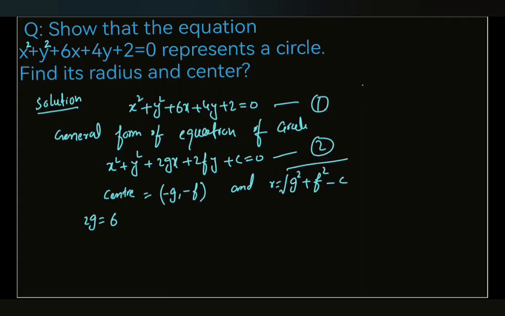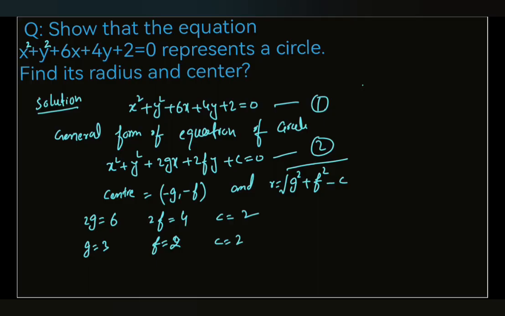The coefficient of y is 4, and the term is 2fy, so 2f is equal to 4. Here c in equation 2 is c, and in equation 1 it is 2, so c equals 2. So g becomes 3 and f becomes 2. Already c value is 2.